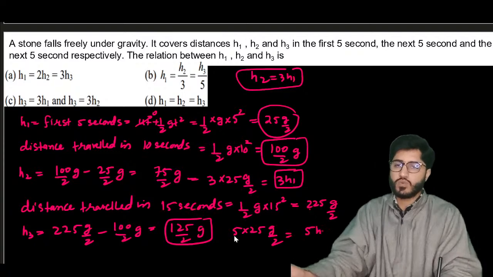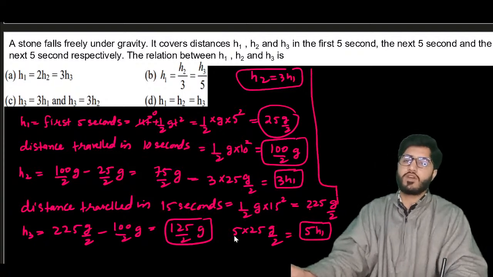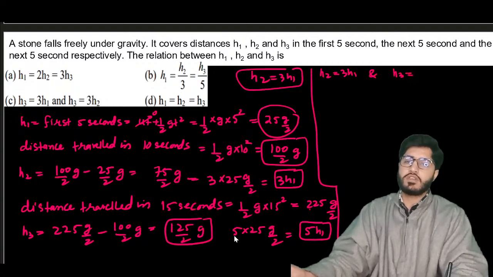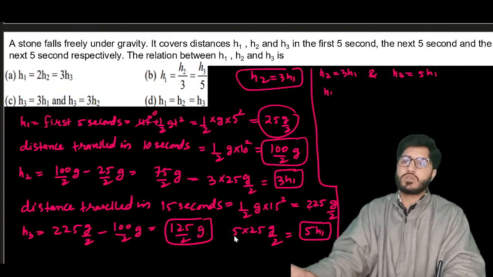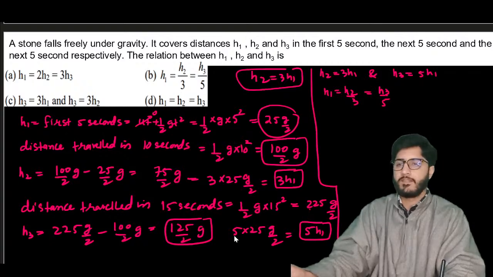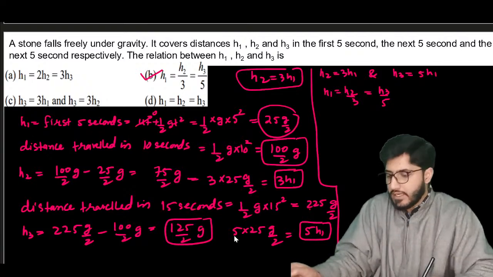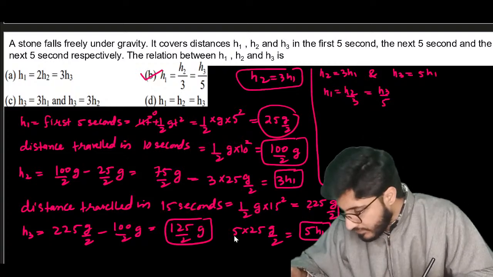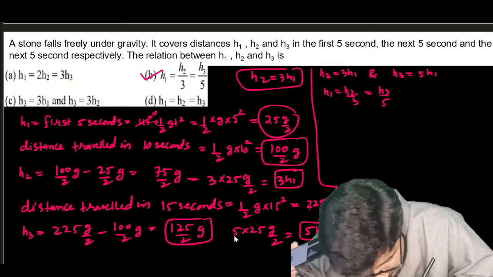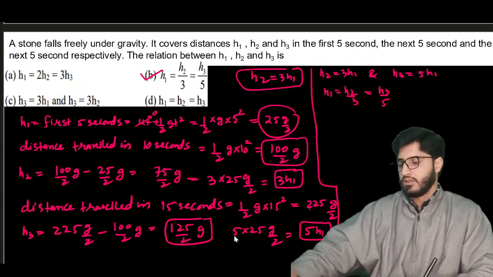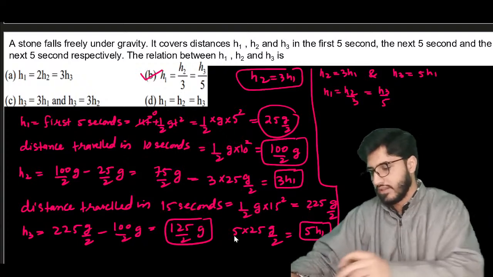Yes, it is 5 H1. So H2 equals 3 times H1 and H3 is 5 times H1. So H1 is H2 by 3 equals H3 by 5. Option B is correct.